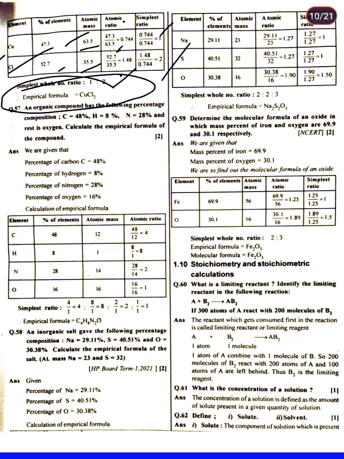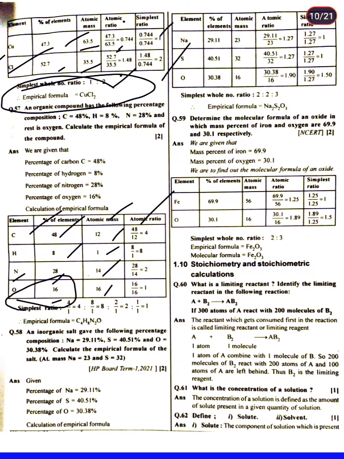So the next numerical is again similar: carbon has percentage 48, hydrogen 8%, nitrogen 28, and the rest is oxygen, calculated by subtracting from 100, which gives the value 16. The atomic mass of carbon is 12, hydrogen is 1, nitrogen is 14 and oxygen is 16, and the atomic ratio can be calculated by dividing the percentage by the atomic mass.